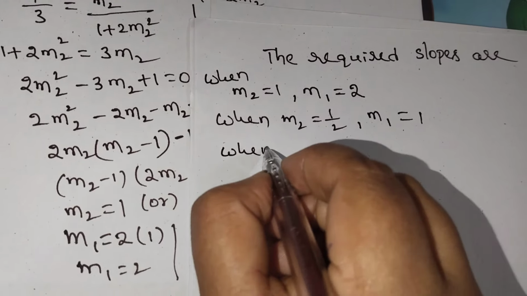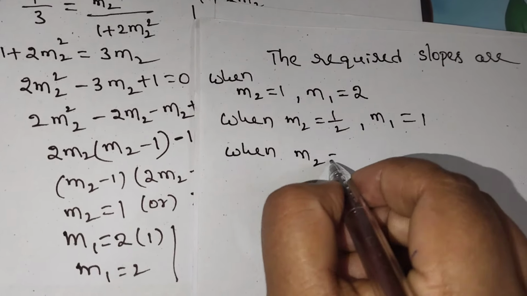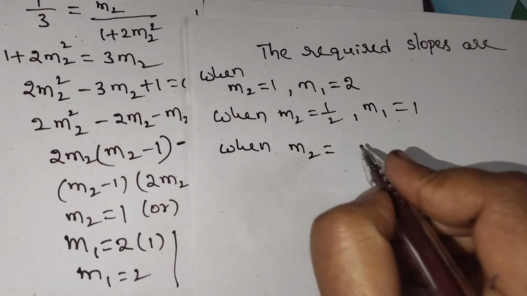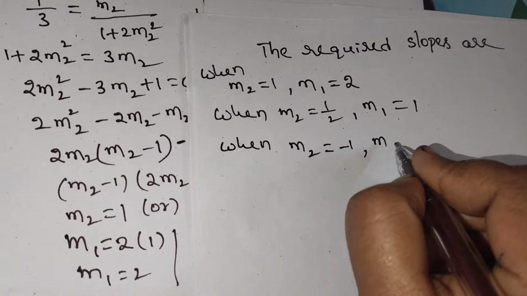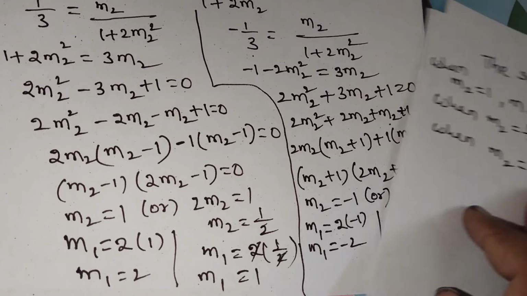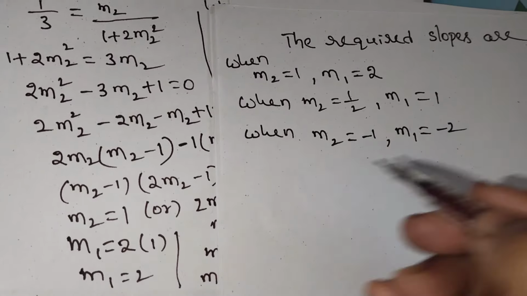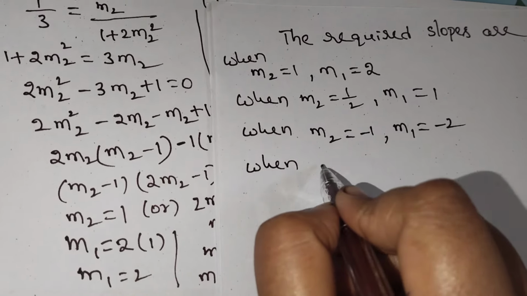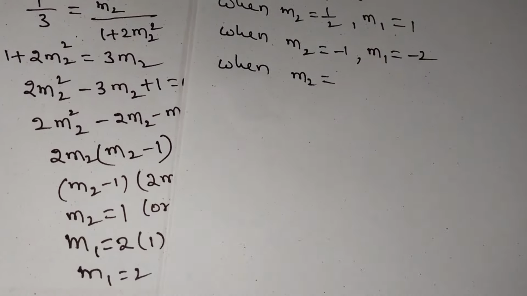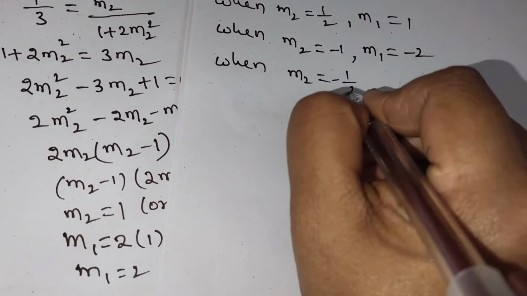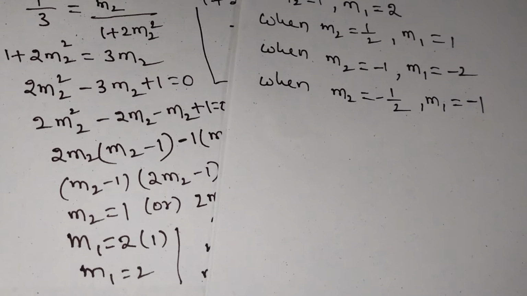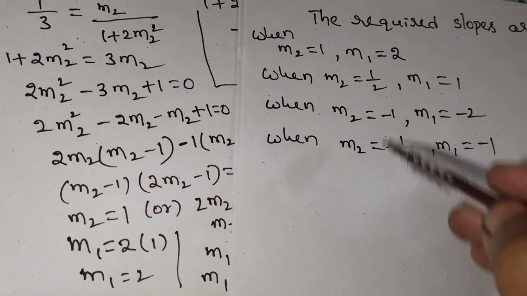Next, another case when m2 is minus 1, what do we get for m1 that time? When it is minus 1, m1 is minus 2. The last case is when m2 is equal to minus half, then m1 is minus 1. So these are the required slopes.